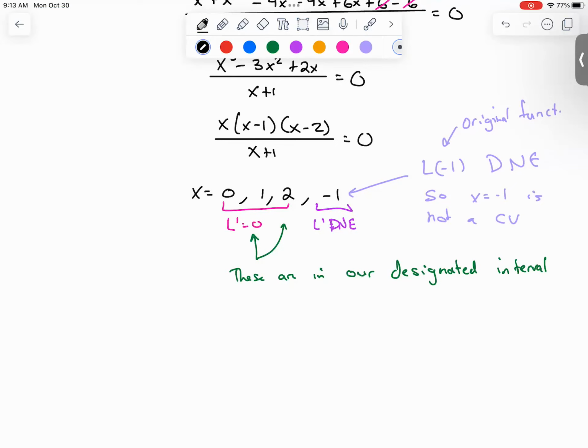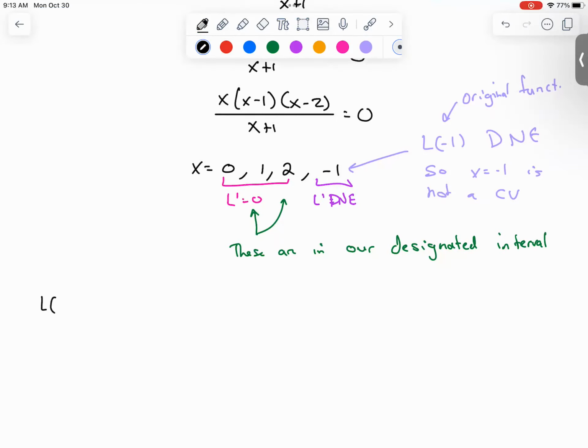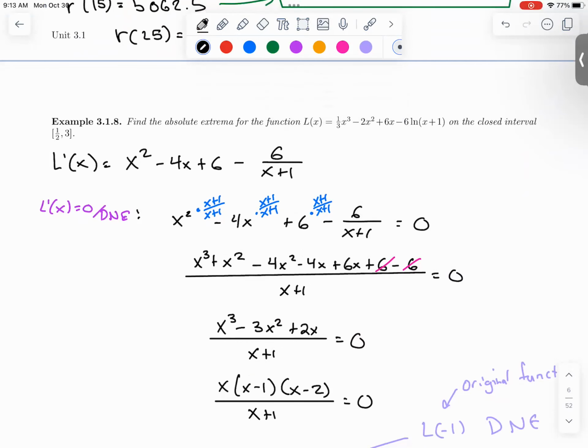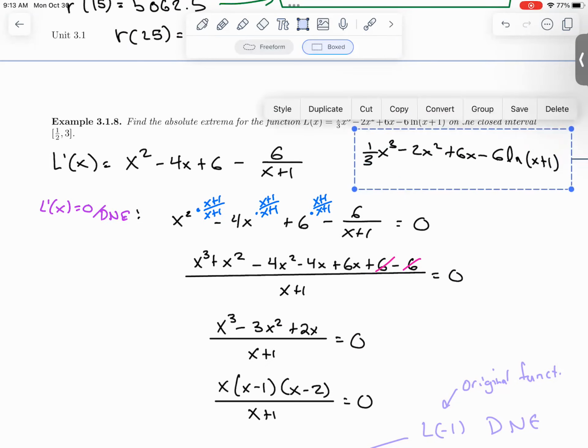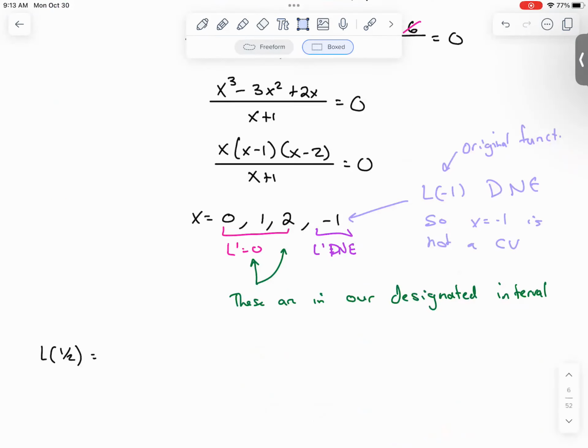So plug in the endpoints. L of 1/2. Well, I need to just rewrite this function so I can see it. I'm just writing this down so that I don't have to keep jumping back and forth.